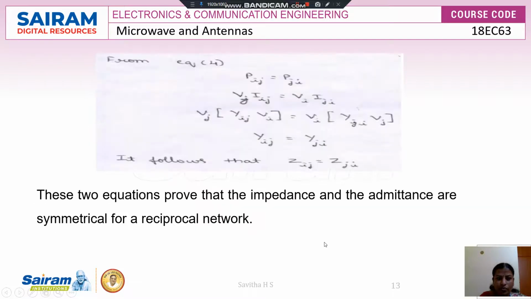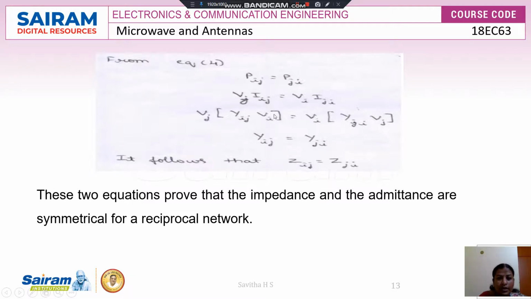Now from equation 4, we know that the power will be V into I. So V into I we have written for power, and here also V into I. Next, I should be represented by the admittance parameter. As we know, V is equal to I into R, which means Z is equal to V by I, that is the impedance. For the admittance, we take the reverse of that function.